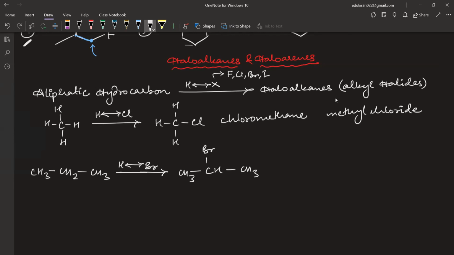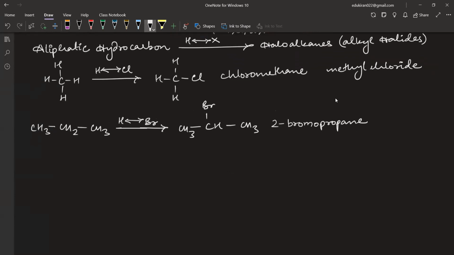Now, since the bromine is attached on the second carbon, it will be 2-bromopropane. We will come to the IUPAC nomenclature extensively; just now we are writing the names here. Is this clear? Yes or no? Please tell me, guys. Yes, sir. Everything is clear till here, right?